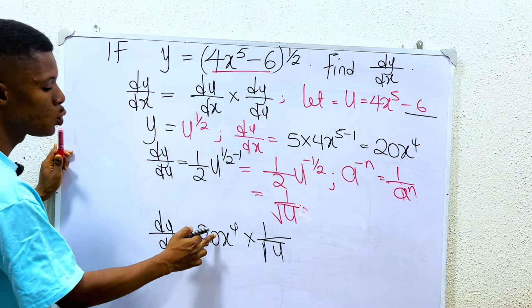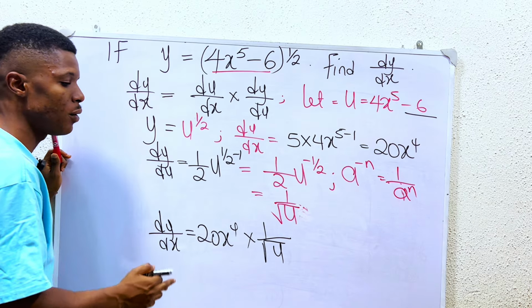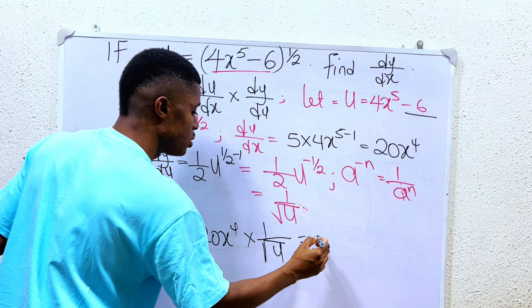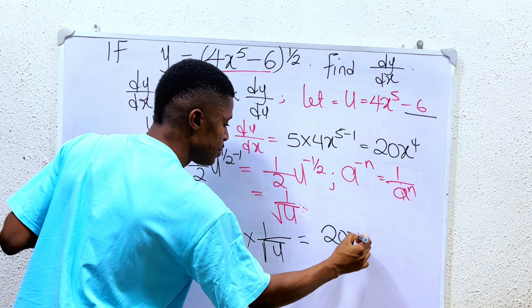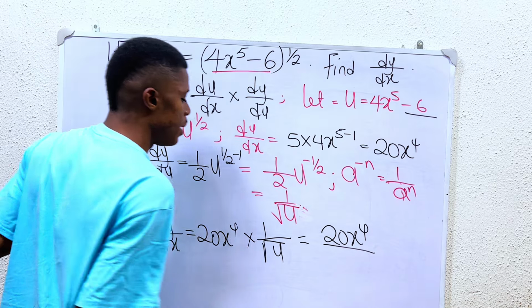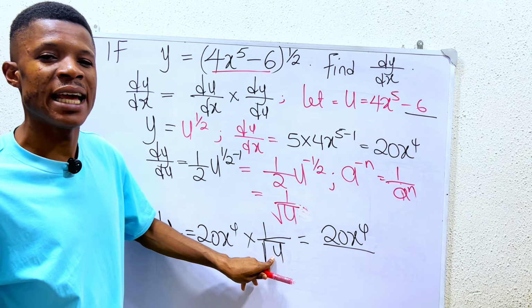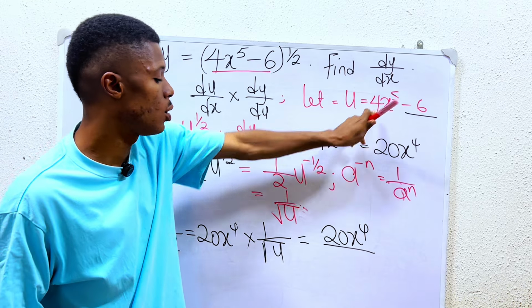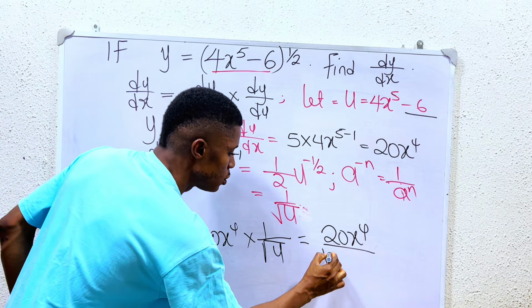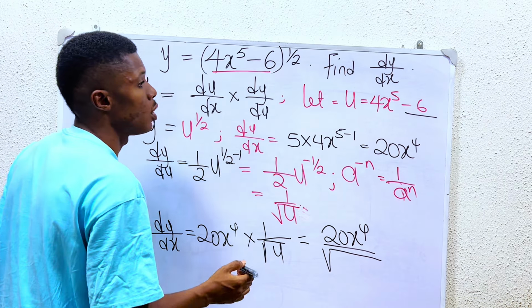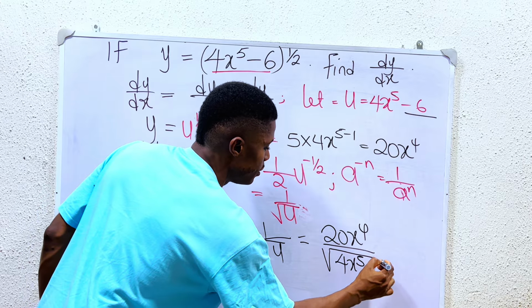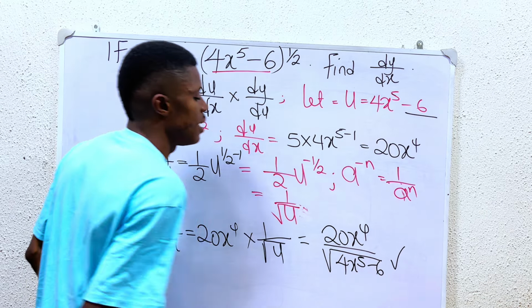So 20x^4 times 1 is going to give us 20x^4 divided by, we have to plug in the exact term of u. U is this. So this is the square root of 4x^5 - 6. And this is the answer.